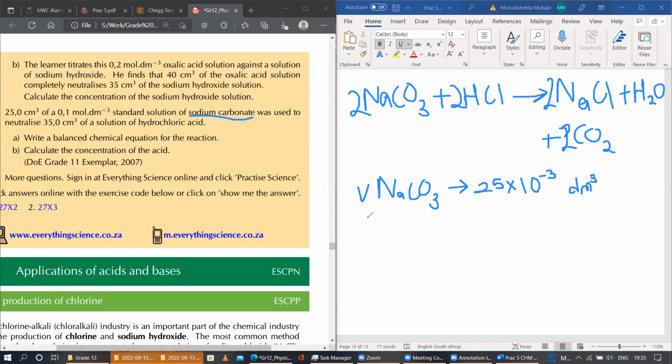And the volume of HCl, that's gonna be 35 times 10 to the exponent -3.